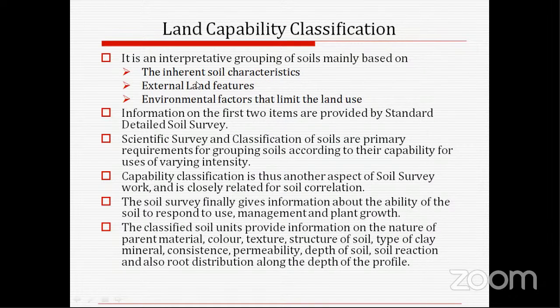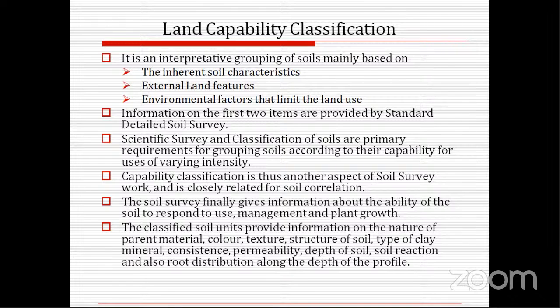Students, the first two characteristics, inherent soil characters and external land characters, you can get from a standard detailed soil survey. If you go for a detailed soil survey, you can get all this information. Environmental factors we can collect from anywhere, for example the meteorology department. This capability classification is a very important aspect of soil survey work, and it was closely related to soil correlation, meaning it is closely related to the soil characteristics of soil classification.